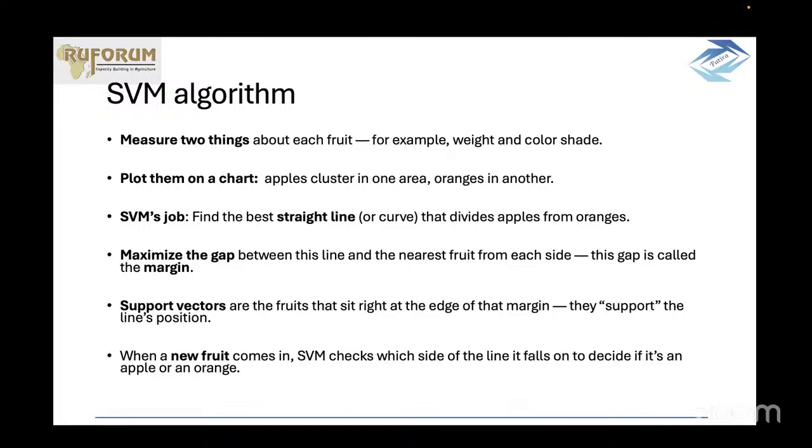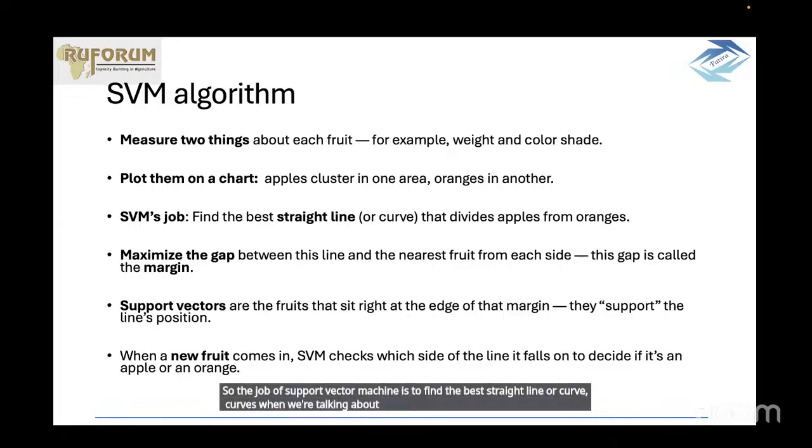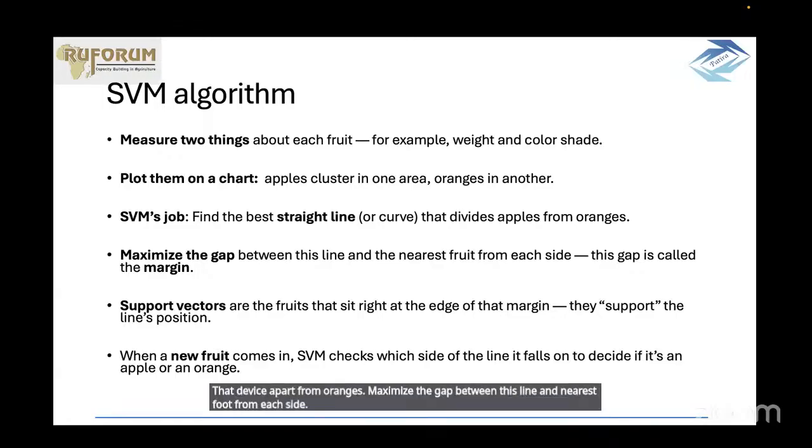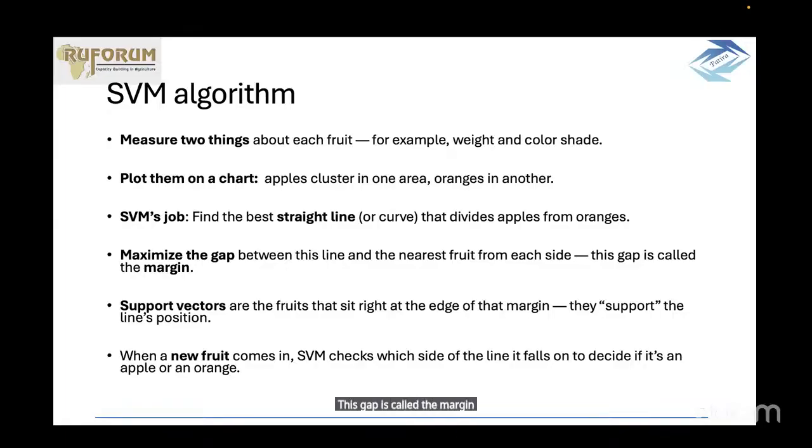So the job of support vector machine is to find the best straight line or curves, when we're talking about polynomial or radial, that divides apples from oranges. Maximize the gap between this line and the nearest fruit from each side. This gap is called the margin. Support vectors are the fruits that sit right at the edge of the margin.